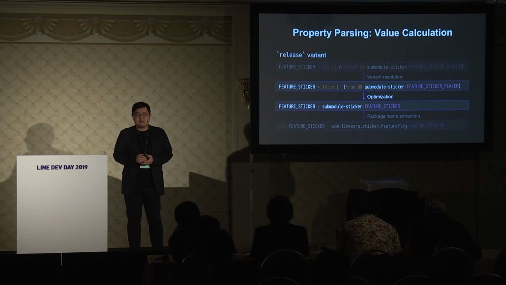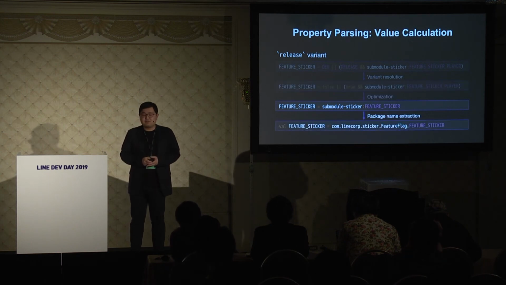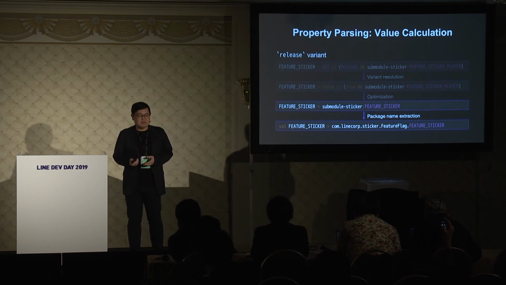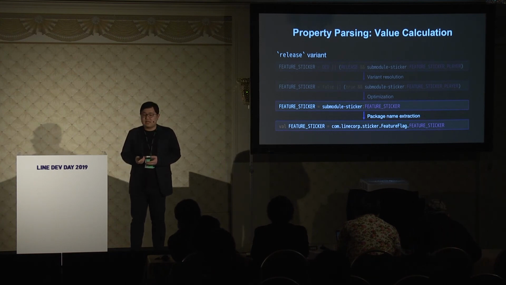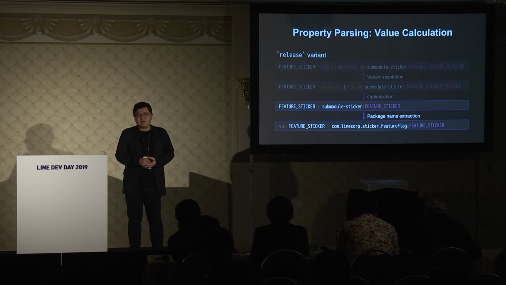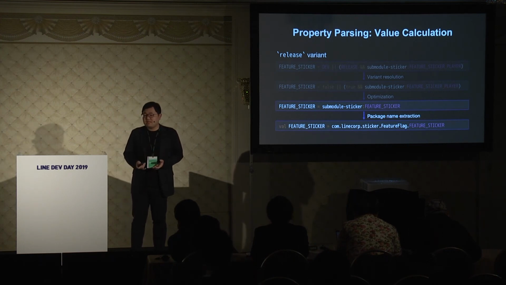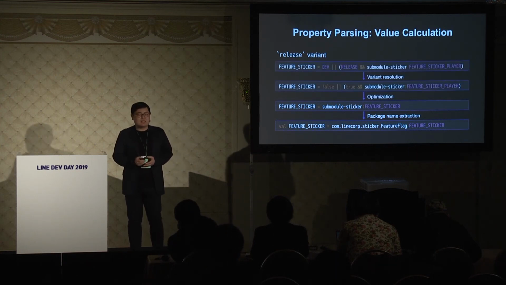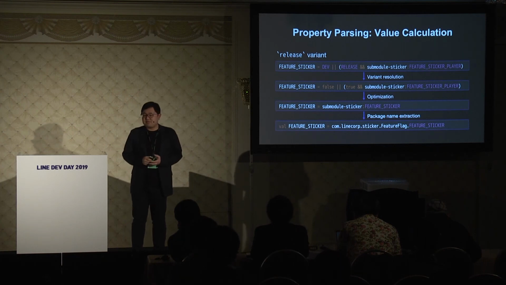So this element would finally be implemented, because we are going to refer to the actual submodule feature flag class. So even though it's a link, the code is generated as we make the reference in the program.